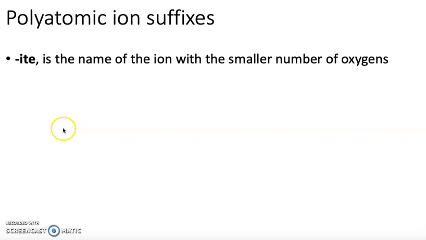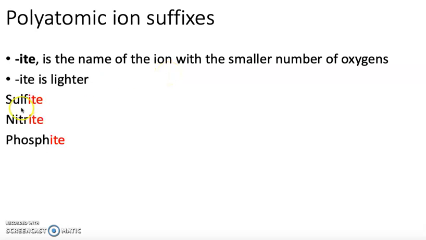Now, for ITE in polyatomic ions, I like to remember it like lighter is the ITE. If you think something's lighter, it's going to have fewer. So in this case, if you're looking at polyatomic ions, the one with the ITE is the name of the ion with the smaller number of oxygens. So let's take a look at these three: sulfite, nitrite, and phosphite. Sulfite has SO3.